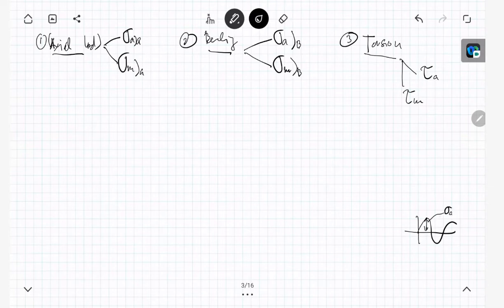So alternating means... This is sigma mean. So you have to look at the definition of alternating stress or the mean stress or steady stress.